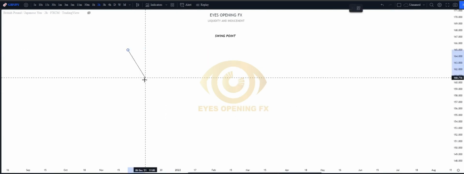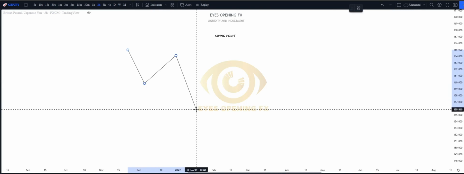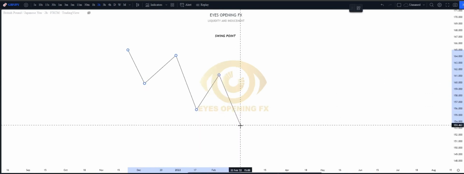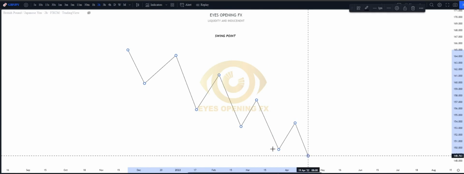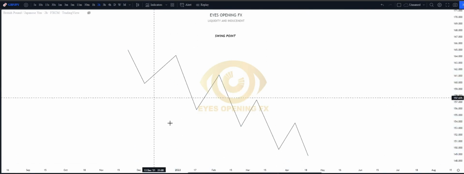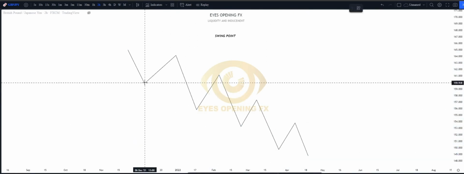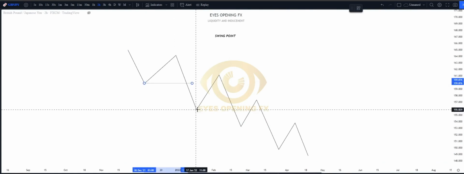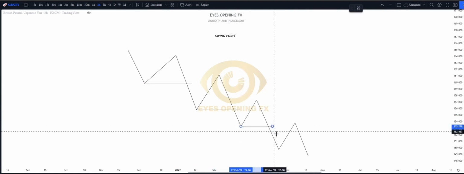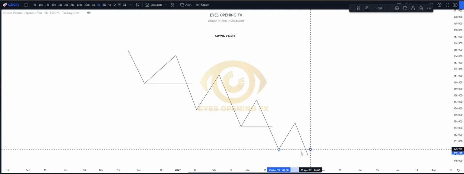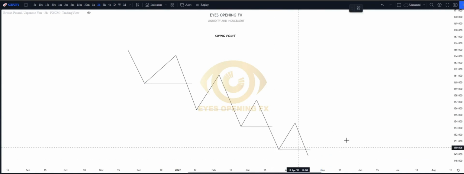Now, if you are looking at this in a bearish trend, you understand that this is support on resistance, is support on resistance, is support on resistance. The same thing for a bullish trend.